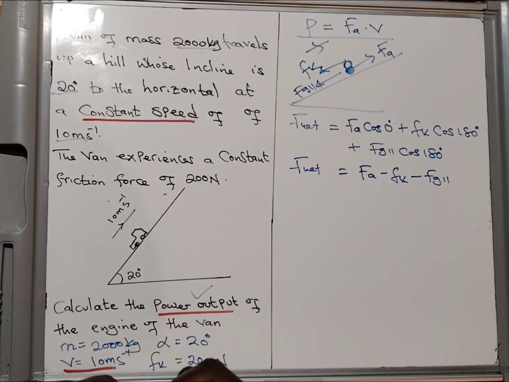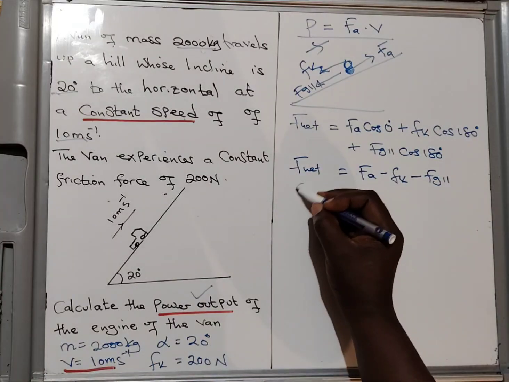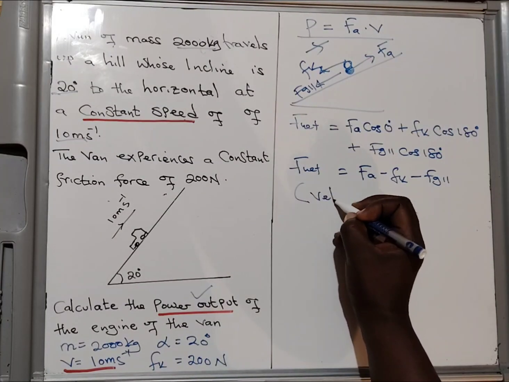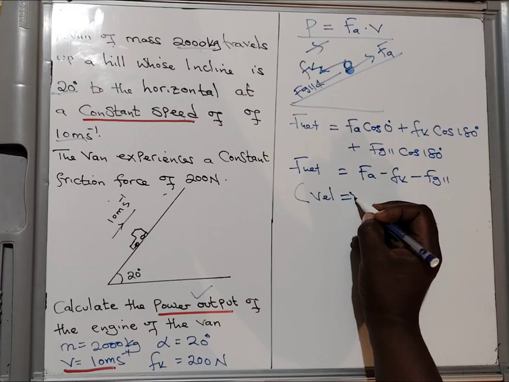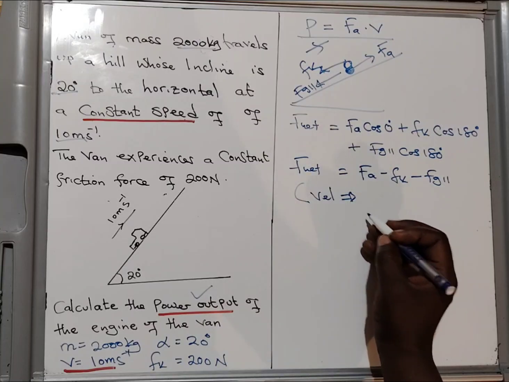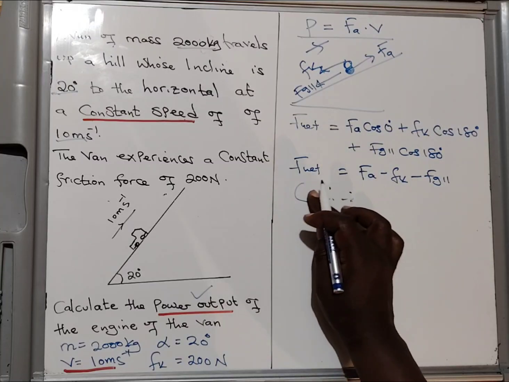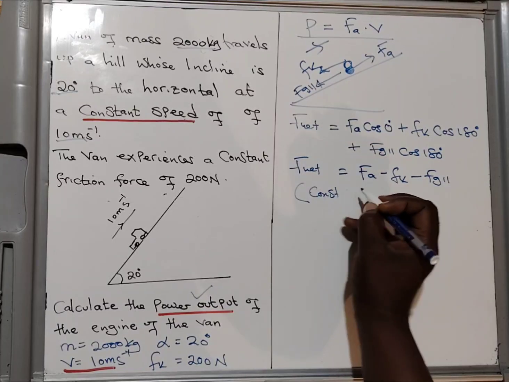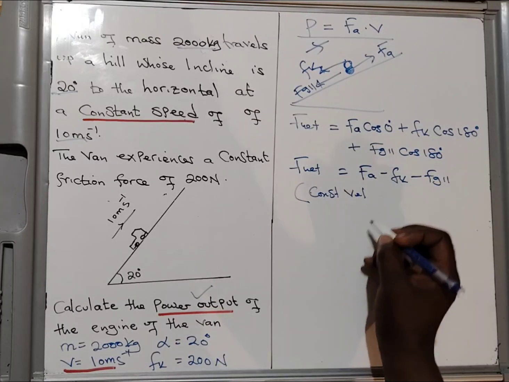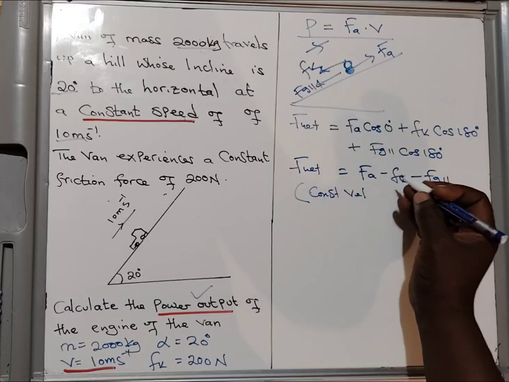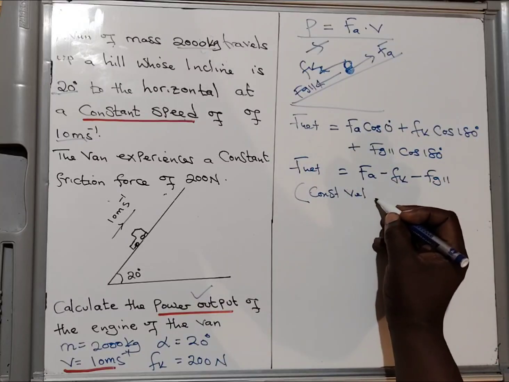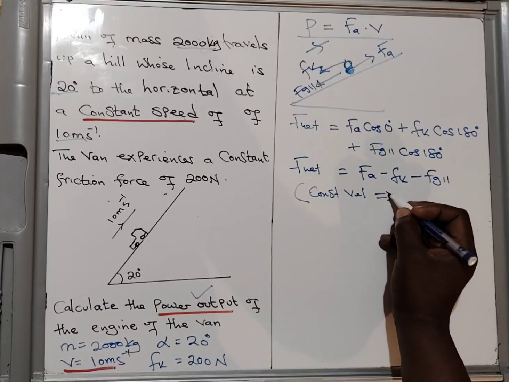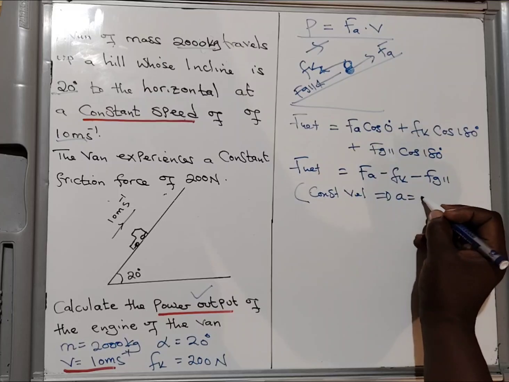But there's something you have to note. The body is moving with uniform velocity. You understand me? Constant velocity, what does it mean to a scientist? It means that acceleration is 0.